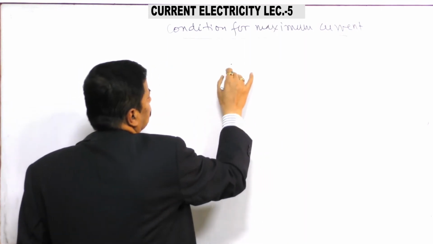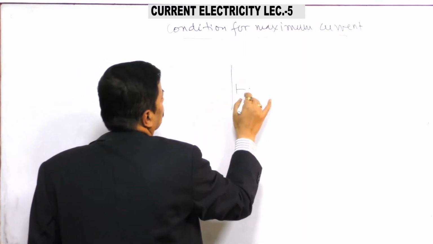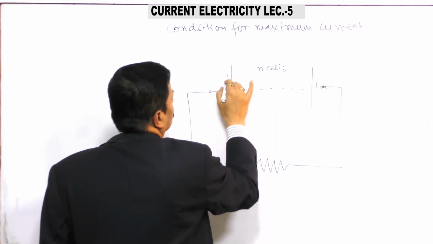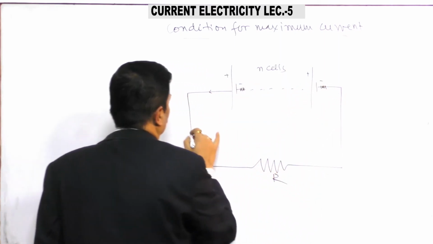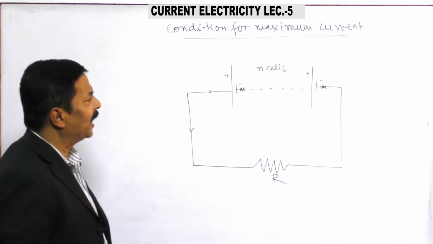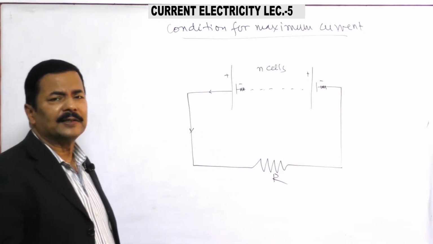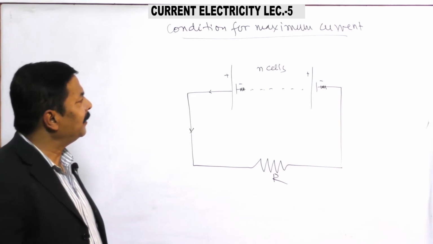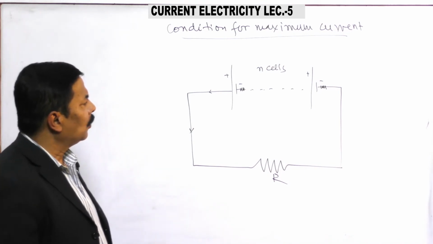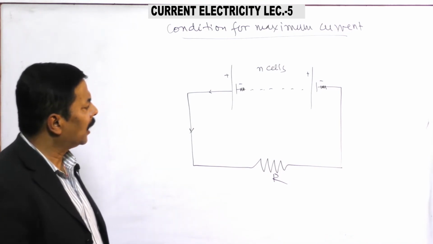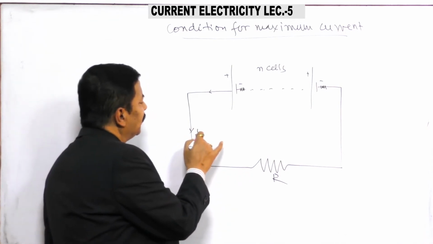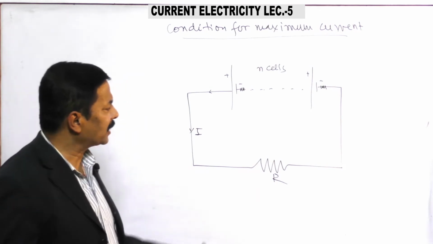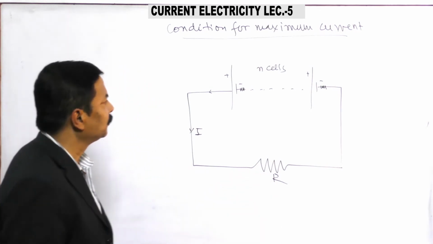Suppose there are n cells connected in series, and we want to find the condition under which the current will be maximum through this resistor.